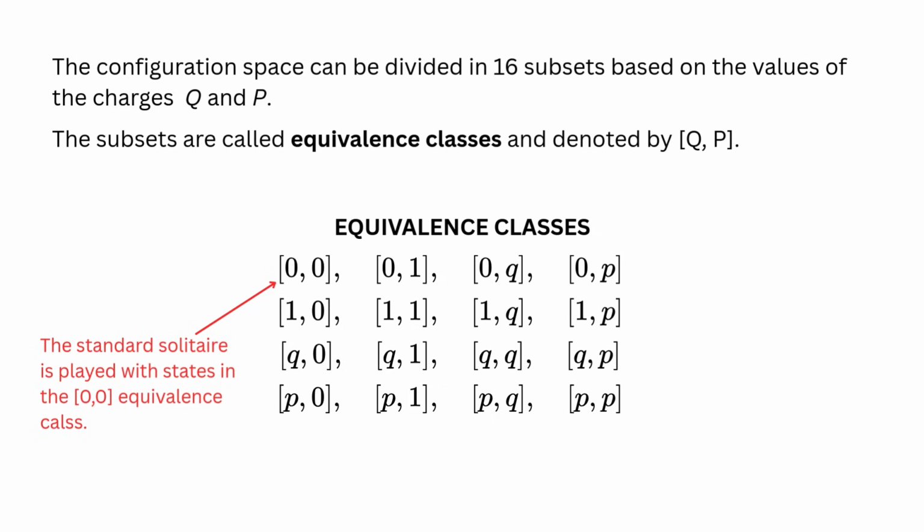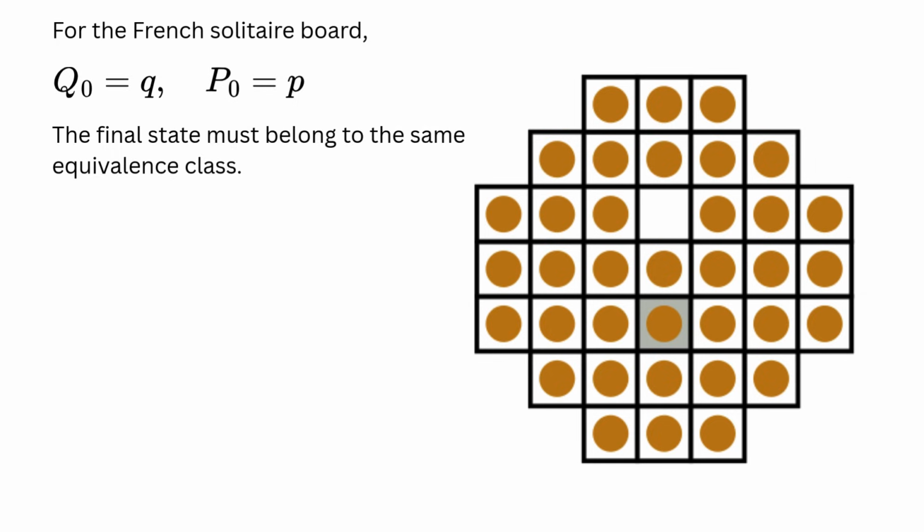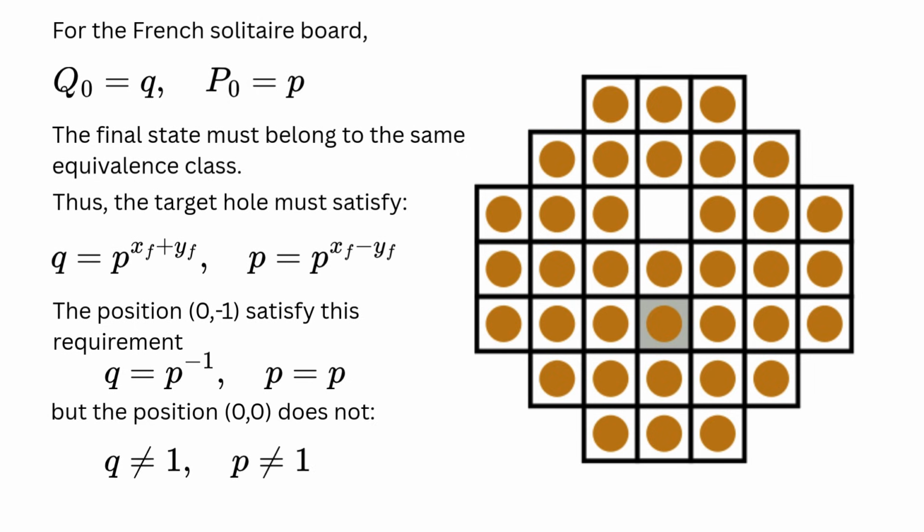However, a state in one equivalence class cannot be obtained from a state that belongs in another equivalence class. 4. Returning to the French version of the board, the initial charges are Q and P. Therefore, the final state must belong to the same equivalence class. Thus, any target hole must satisfy the following constraints. The position 0, -1 satisfies this requirement, but the position 0, 0 does not.